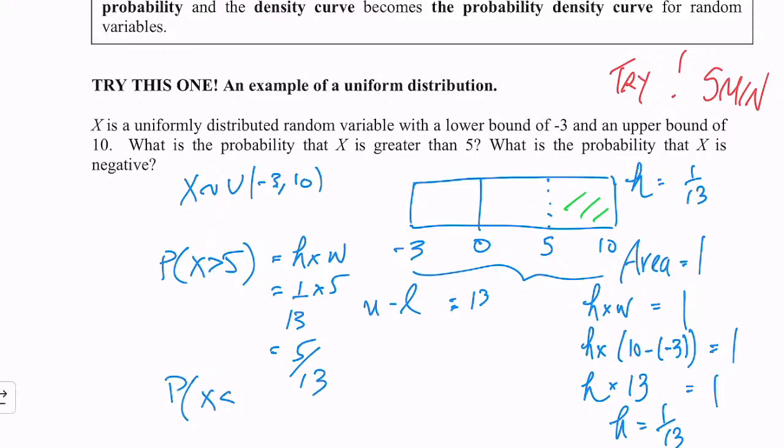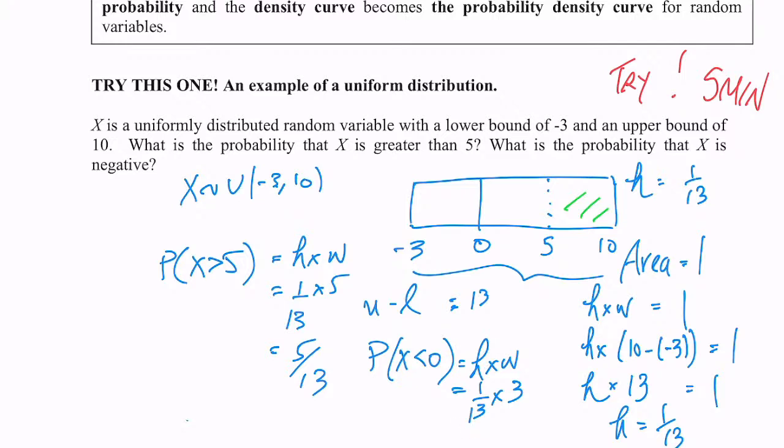That would be x less than 0. Again, height times width, but each time I'm using a different width. You guys got the hang of that? So the height is still 1/13, but the width now is 3. So it's 3/13. I'm going to circle my final answer so you can see it. So that would be 3/13 and 5/13.